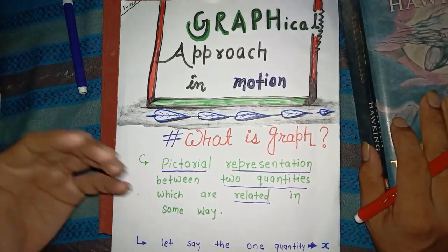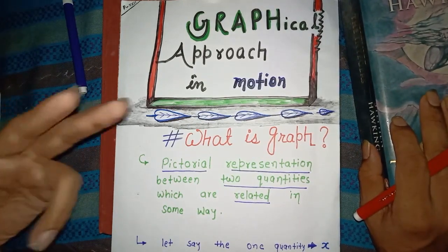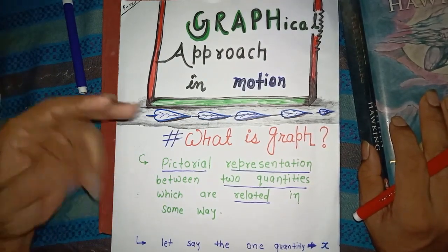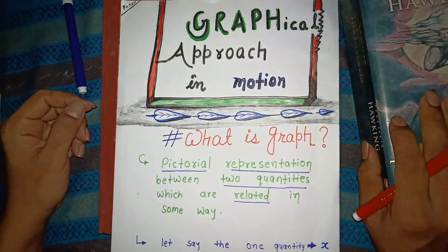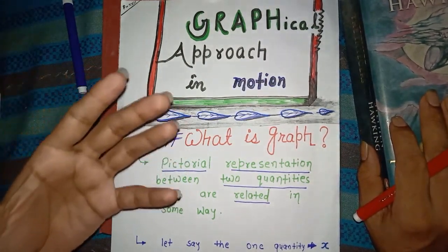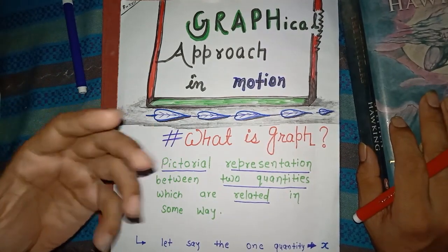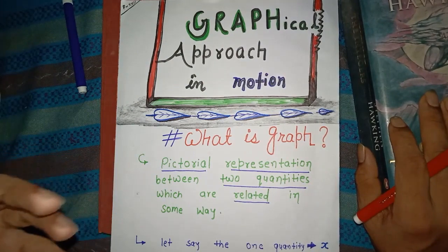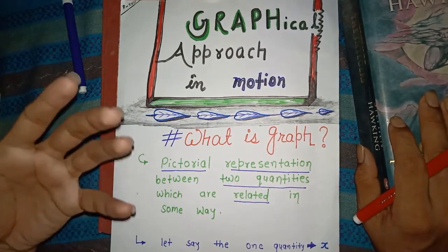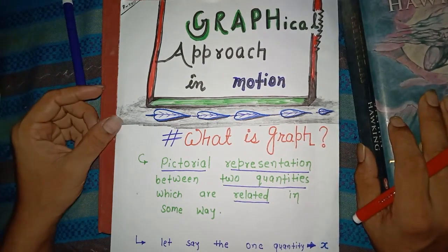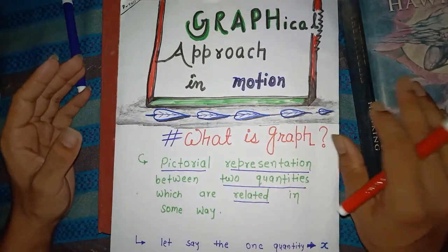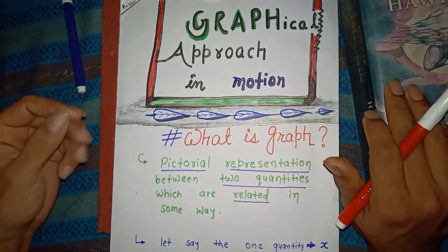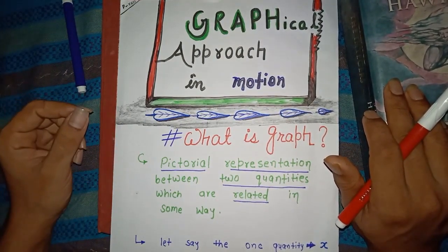Means if two quantities are related in some way, like 2 times of something, or half of something, or 2 times plus 2 of something, or more than 3 times of something, then we can represent this relationship by some picture using lines. This kind of representation is known as graph.